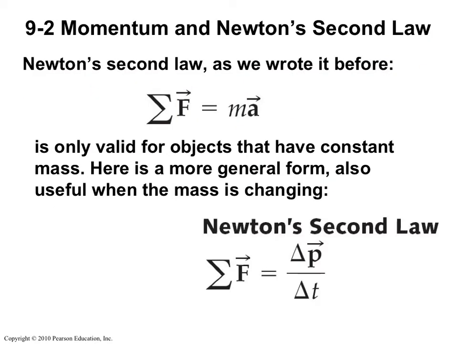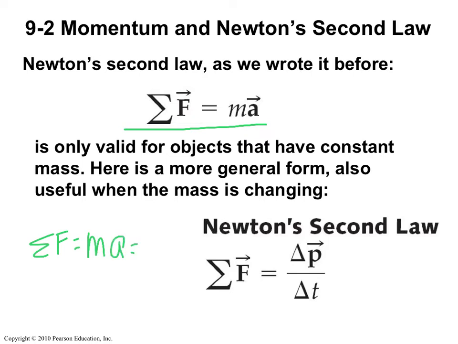All right, so let's relate momentum and Newton's second law. You may notice that they look very similar. The only difference between them is the acceleration and the velocity. So this is Newton's second law: the sum of the forces equals mass times acceleration. Now, let's think about this. My total force is equal to mass times acceleration.